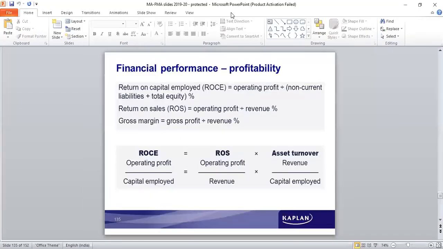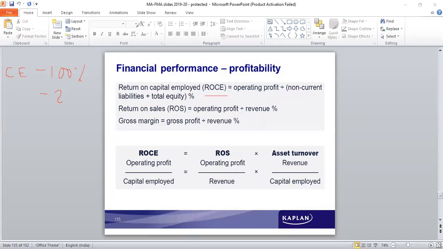The ratio we are discussing here is return on capital employed. If capital employed is 100%, the total amount invested, the profit which belongs to all types of capital, debt capital and equity capital, is what percentage? So which profit is available to them?